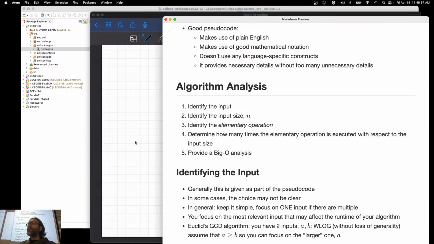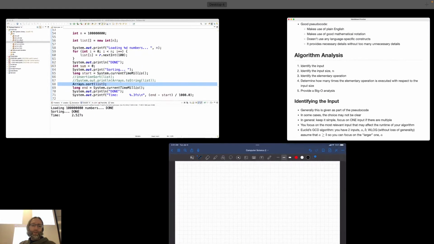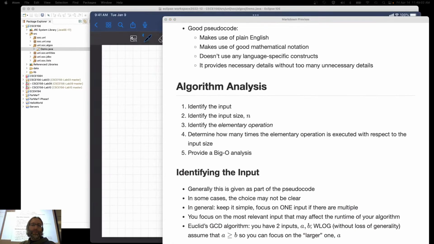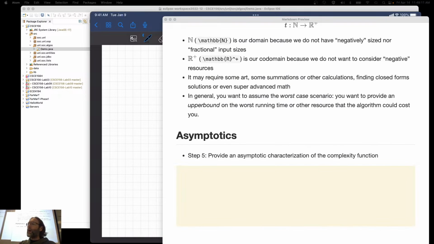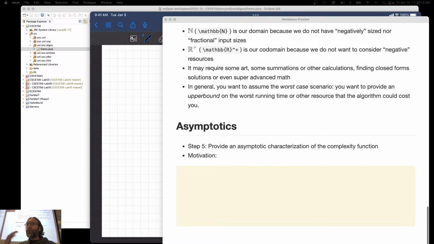All right, so let's talk about big O analysis. For that, let me go ahead and give you the definition first. We'll just start out with it. Asymptotics. So once again, I label this as step 5. We've kind of skipped it up till now, but now we need to actually pay attention to it. Our motivation, as we just saw from that demonstration, is that we want to characterize an algorithm's performance or efficiency with respect to the input size n.